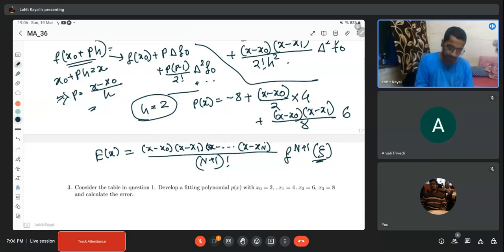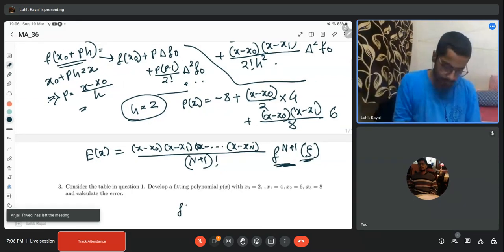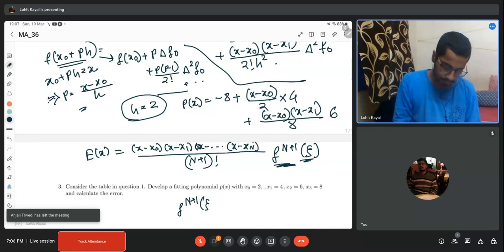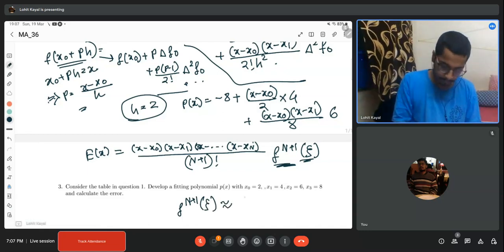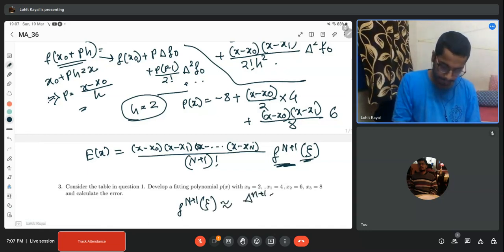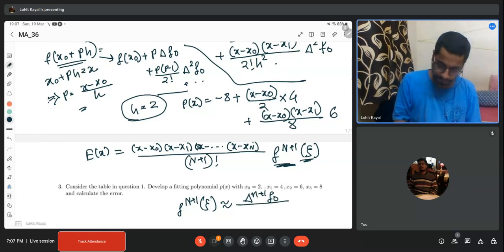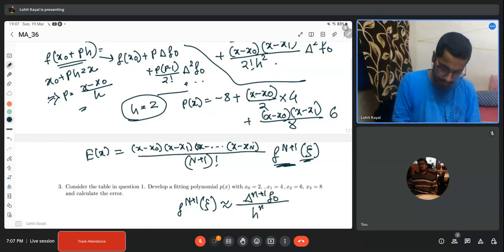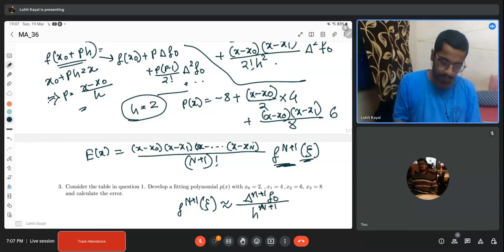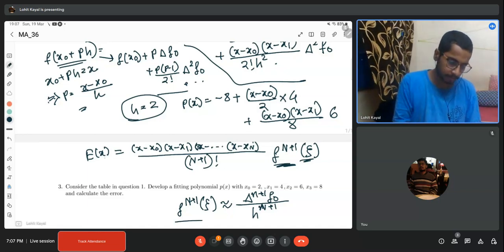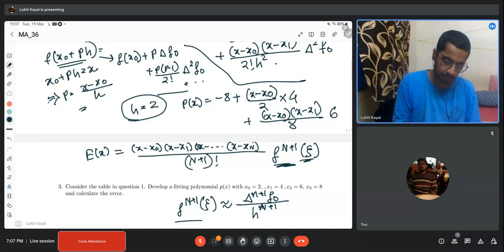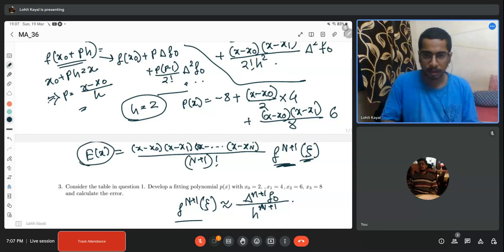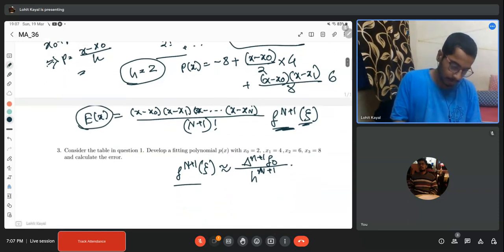It can be approximated using the (n plus 1)th difference. So you need to put in the values, and this way you can calculate the expression of the error.